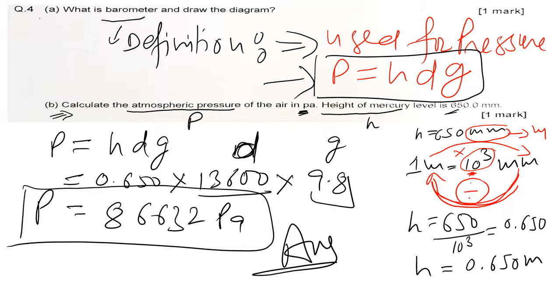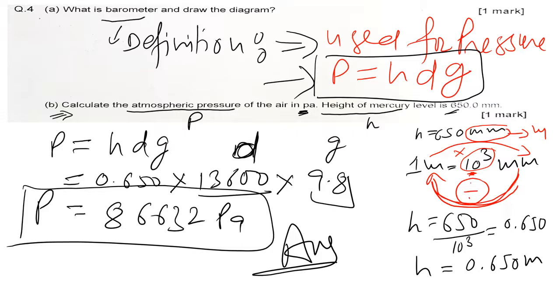Now the rule is, if you are moving from left hand side to the right hand side, you have to multiply by this number, and if you are changing from millimeter to meter, you have to divide by this number. So here you are changing millimeter to meter, which means division.